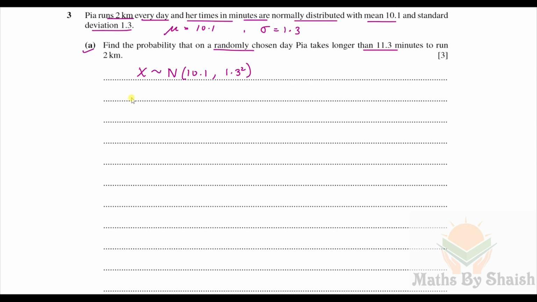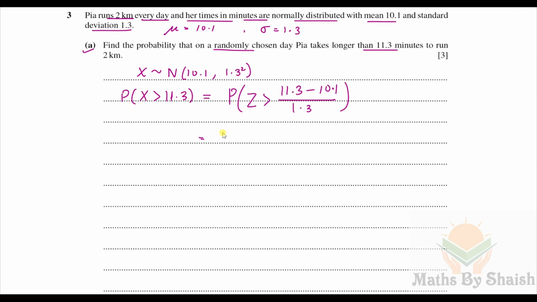So the probability we want is x greater than 11.3, and in the standard normal distribution with z it is going to be z greater than 11.3 minus mu, that is 10.1, over sigma, 1.3. So we calculate 11.3 minus 10.1, which becomes 1.2.